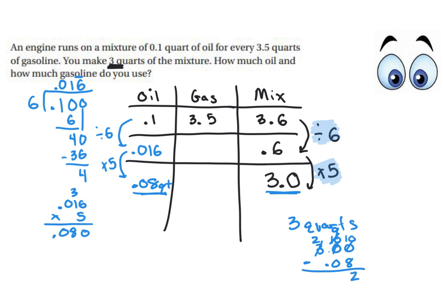We get 2.92. So 2.92 quarts of gas, 0.08 quarts of oil, and that gives us a 3-quart mix.